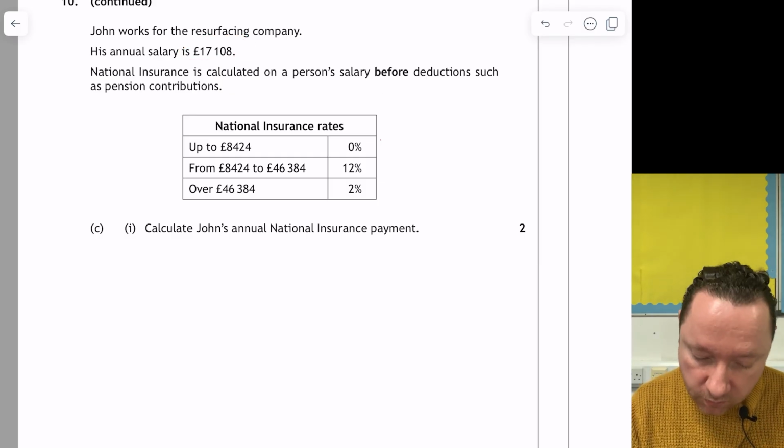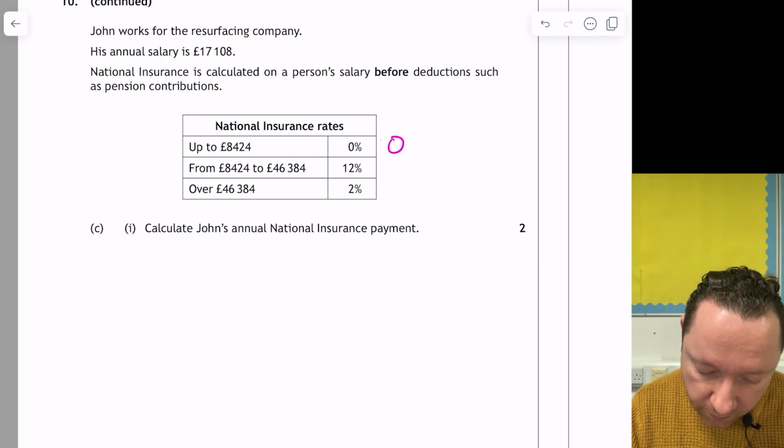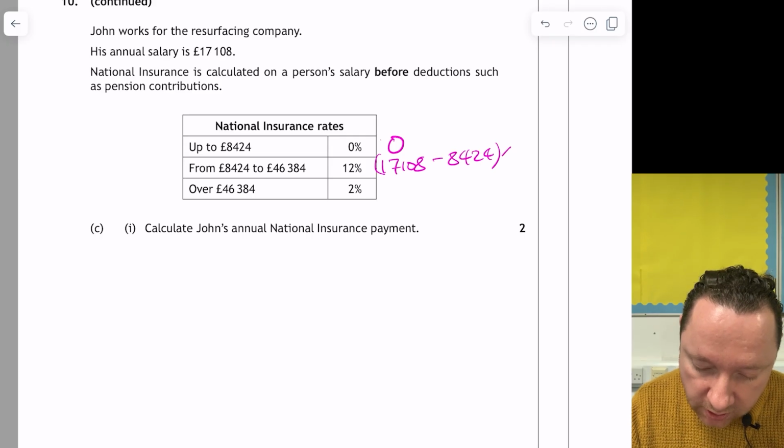So in the table, 0% means I'm paying 0. And then for this bit, if he earned above this amount, I would do this minus this times 12%. But he earns just this amount, so I do that, 17,108 minus 8424, and I times by 12%, which is the same as 0.12.